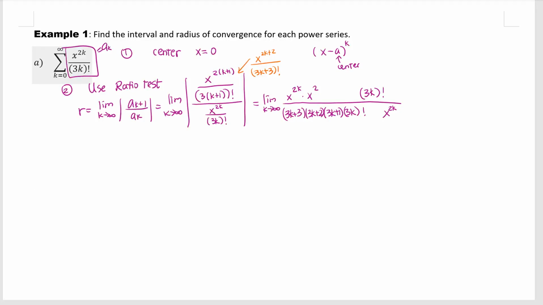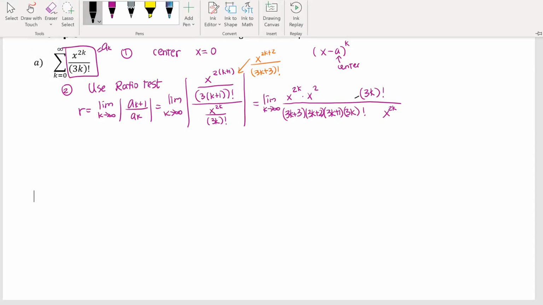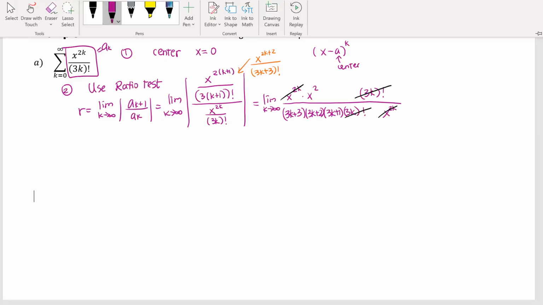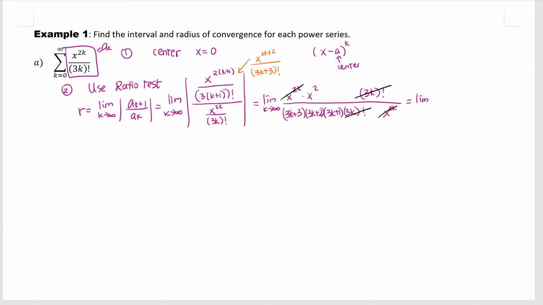And then we can simplify it. How can we simplify? We cancel these factors. What's left? We have x squared. Oh, by the way, x could be negative, so when we talk about x, it's better to put an absolute value around it.